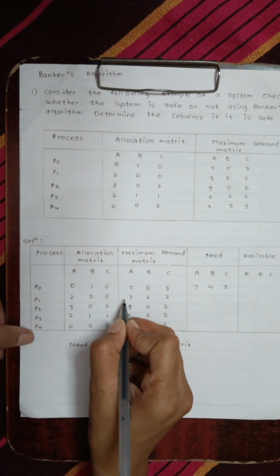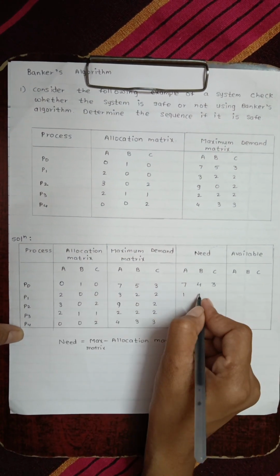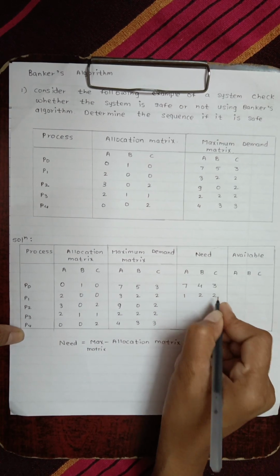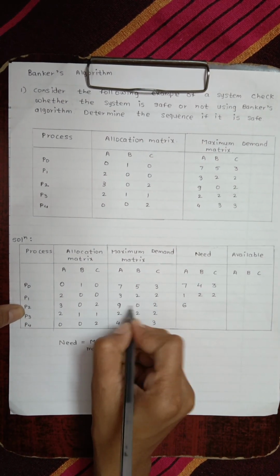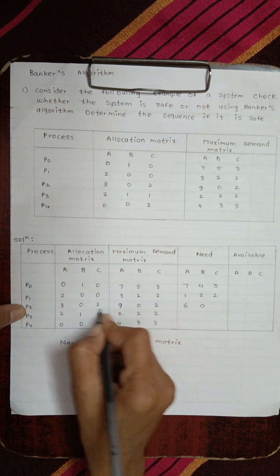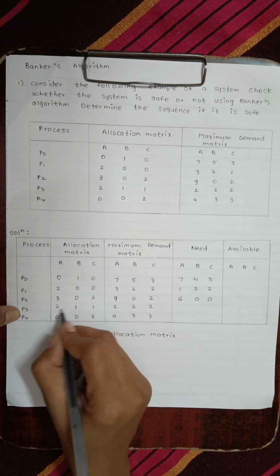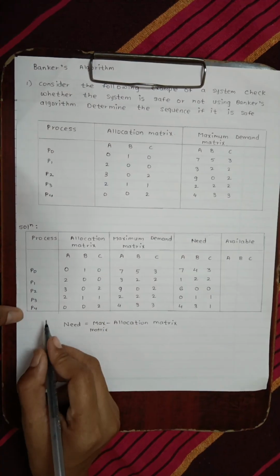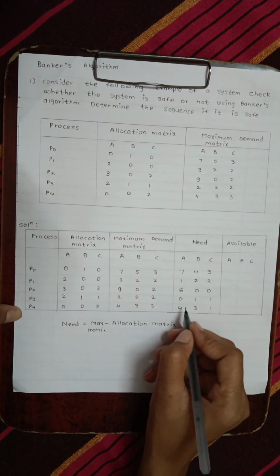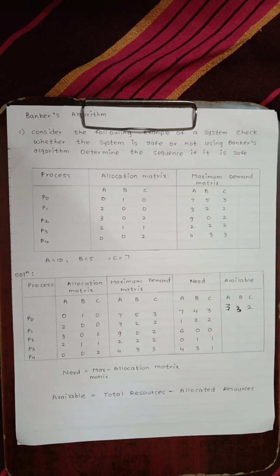Then for process P1, 3 minus 2 is 1, 2 minus 0 is 2, 2 minus 0 is 2. For process P2, 9 minus 3 is 6, 0 minus 0 is 0, 2 minus 2 is 0. Then for process P3, 2 minus 2 is 0, 2 minus 1 is 1, 2 minus 1 is 1. For P4, 4 minus 0 is 4, 3 minus 0 is 3, 3 minus 2 is 1.